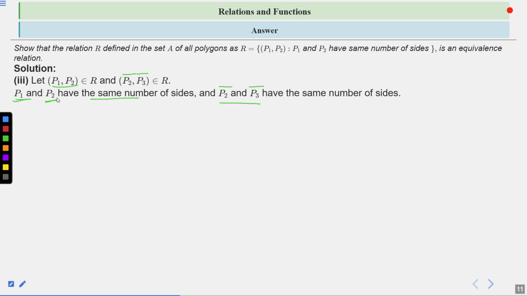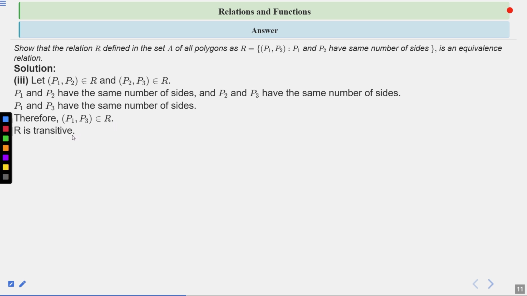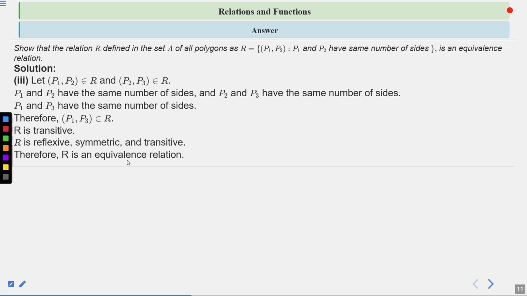So I can easily conclude that P1 and P3 have the same number of sides. Therefore, the pair (P1, P3) belongs to R. R is transitive. What we have shown is simply R is reflexive, symmetric, transitive, which implies R is an equivalence relation. I hope this is clear to you. Moving on to next.